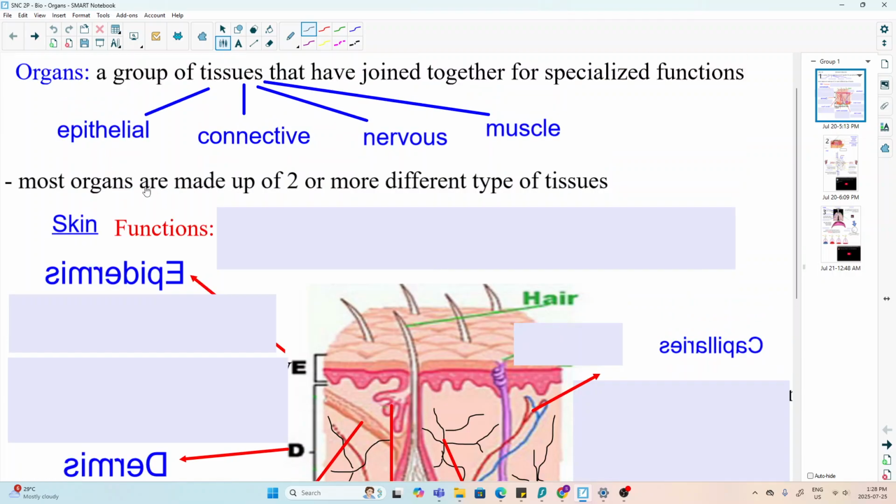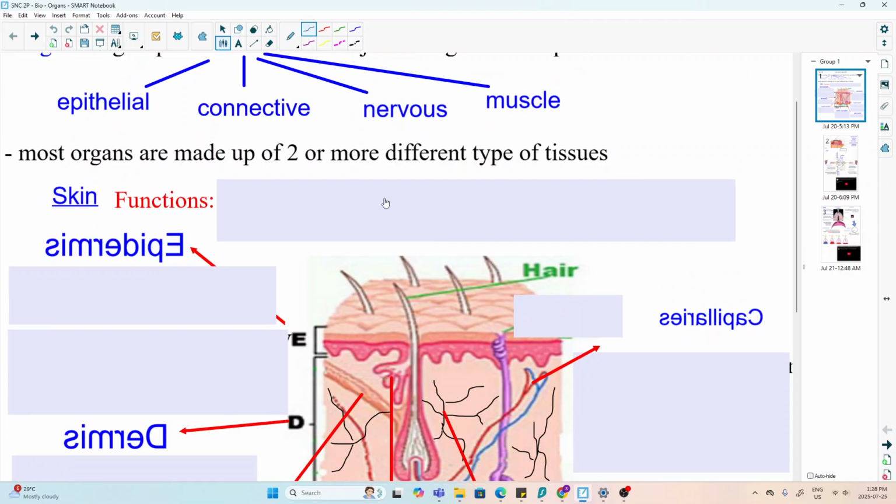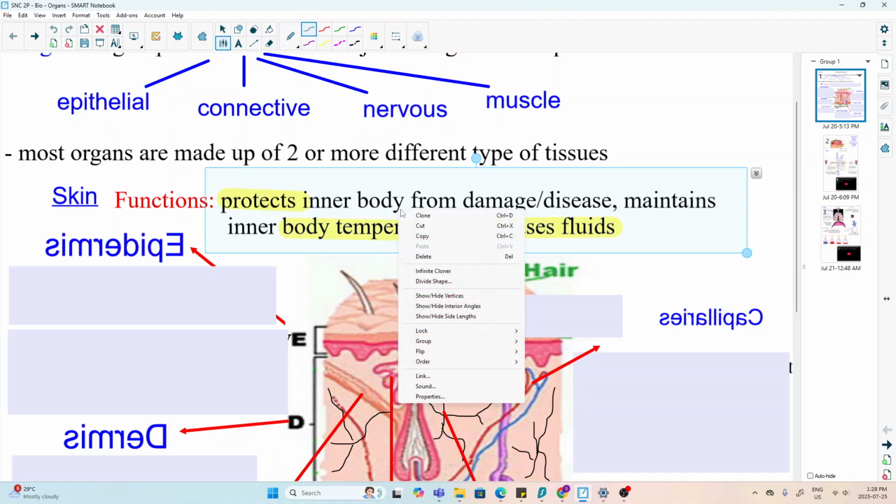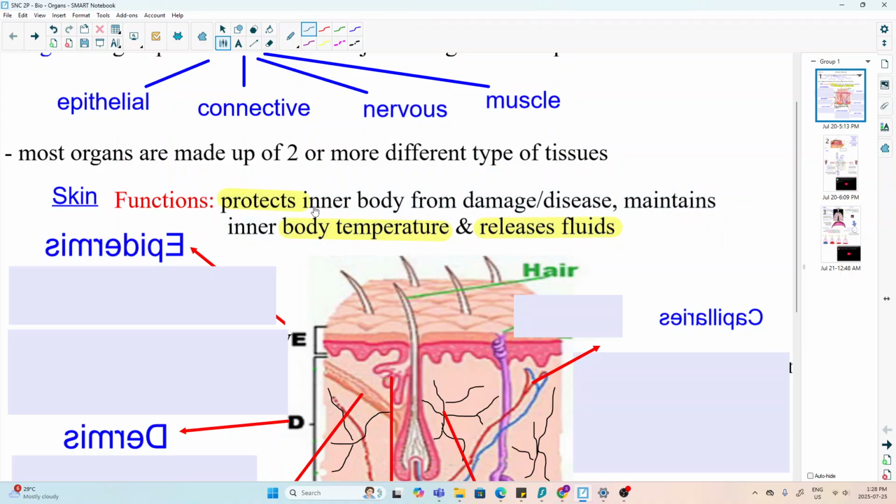Epithelial tissues make up skin. The function of the skin is to protect the inner body from damage and disease, maintain inner body temperature, and release fluids. It protects the inner body, for example against viruses.